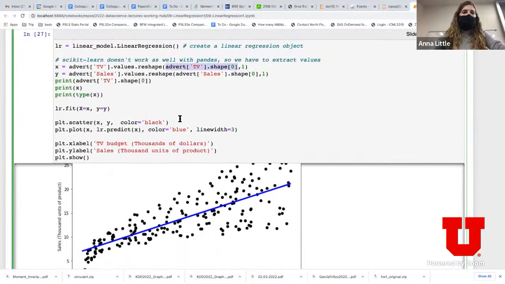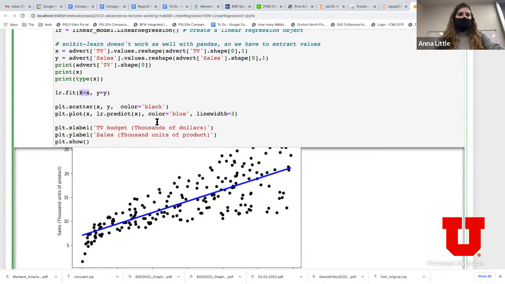Then we're going to do a fit, LR.fit, with X as our explanatory variable and Y as our response. We can again make a scatter plot and also plot the predicted values, which are stored in LR.predict. That's quite similar to what it was before, but now evaluated at X.